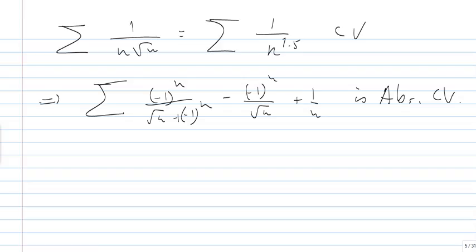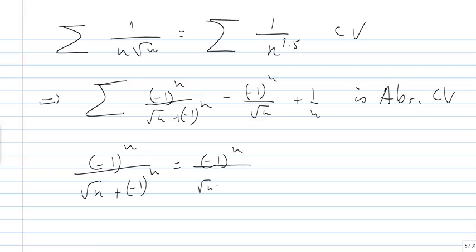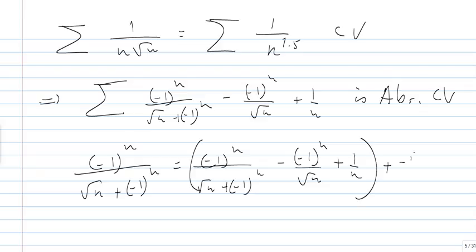And therefore, we have (-1)^n over square root of n plus (-1)^n is equal to (-1)^n over square root of n plus (-1)^n minus (-1)^n over square root of n plus 1 over n, plus (-1)^n over square root of n minus 1 over n.